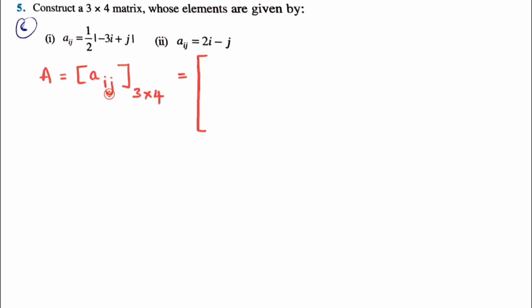So I'll start writing that A11, which is present in first row, first column, A12, next A13, next A14, first row, fourth column. Okay, now next, which row, which column?